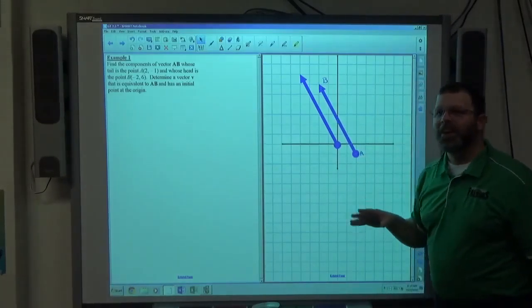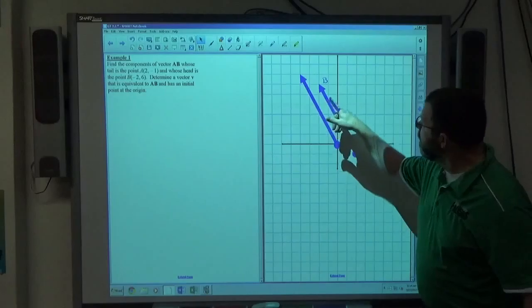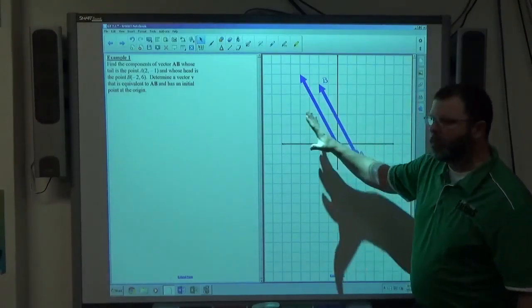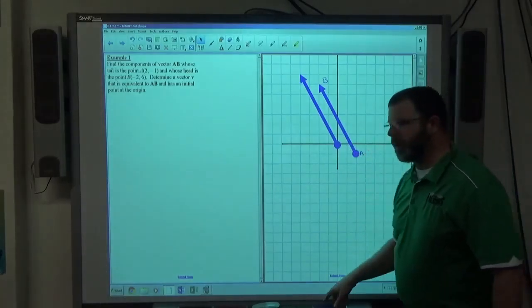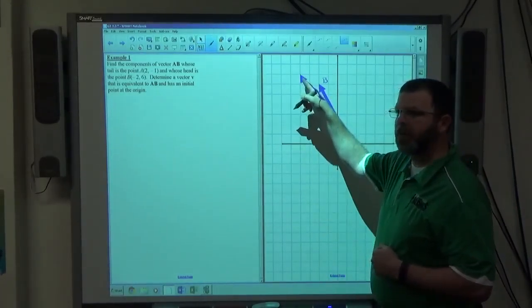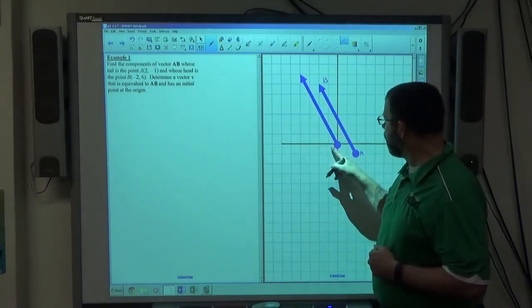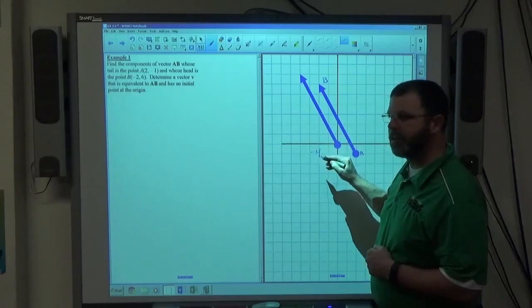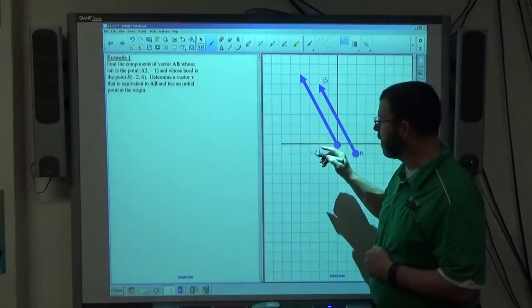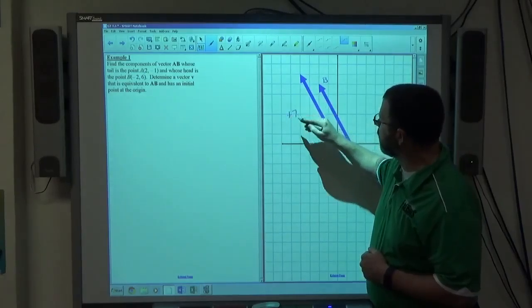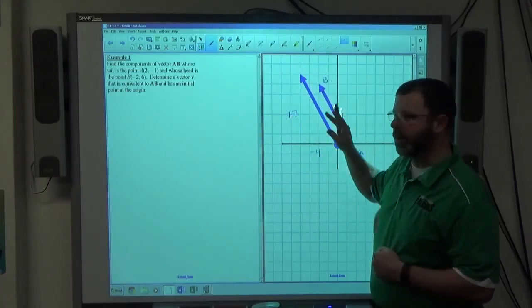What we want to do is find the components of that vector, horizontally and vertically, how far do we go to get there. I'm going 1, 2, 3, 4 spaces horizontally in a negative direction, and we're going 1, 2, 3, 4, 5, 6, 7 spaces vertically to get up to this final ending point here, right?